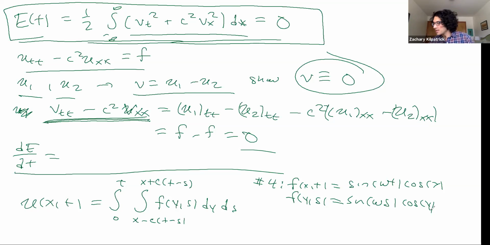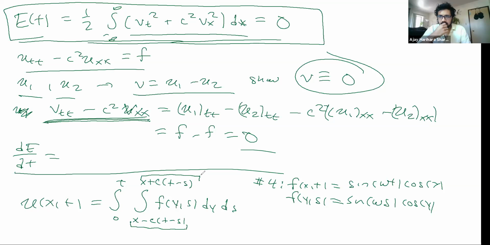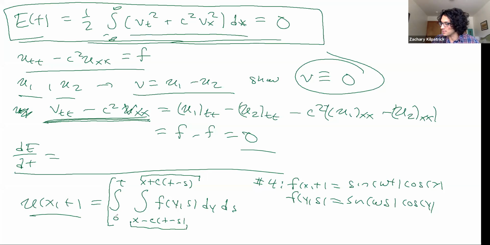So here, these are the limits of the y integral, right? These are x coordinates. You have to choose a dummy variable because you can't use x again, since you're already using it on the outside. And then we need to integrate in time. So these are the time coordinates, and s is our dummy variable in our t coordinate.